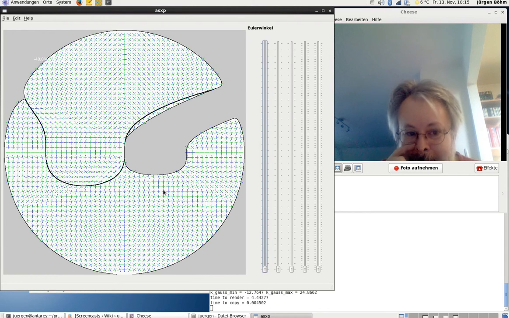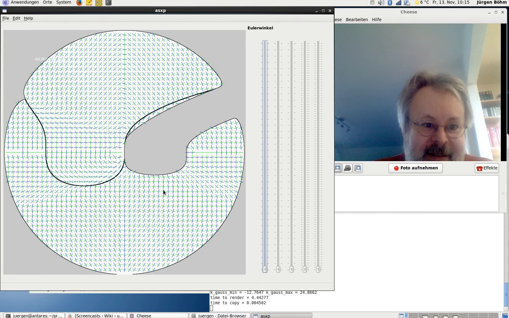The surface itself is indicated by its silhouette in black, and the sectional curvature direction cross fields give a slight indication about how the surface is really bent and deformed in three-dimensional space.